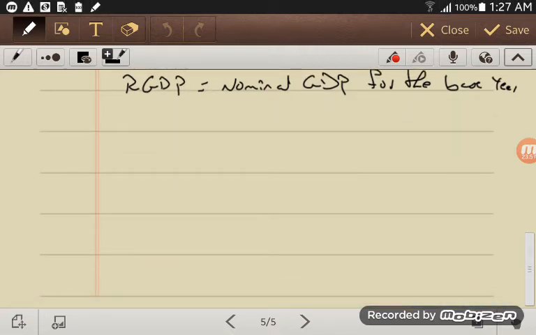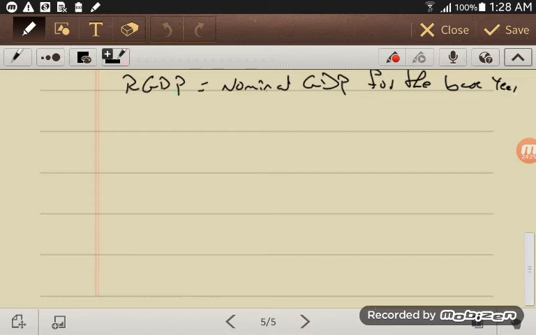Now we would like to calculate two additional indexes. They are GDP growth rate. As we said before, one of the main objectives of any country is to increase the economic growth rate. So now we would like to calculate the growth rate.